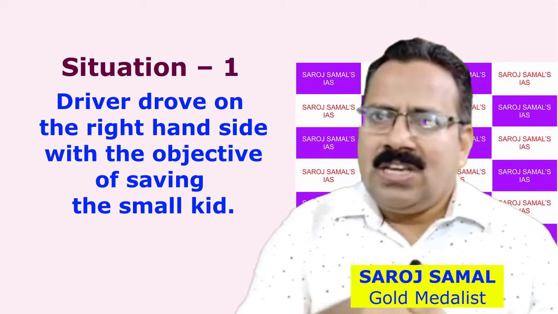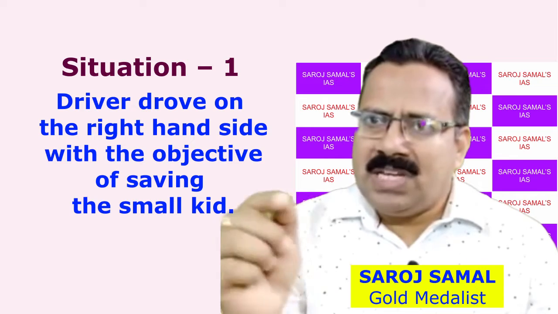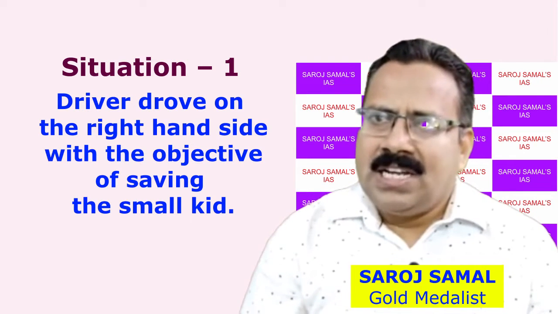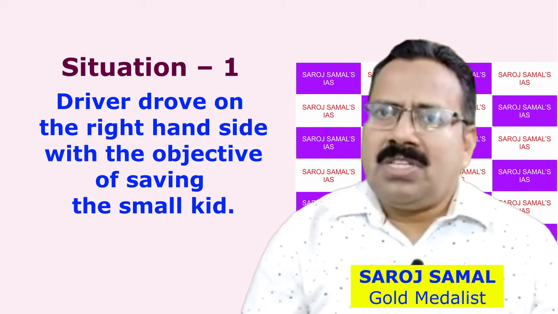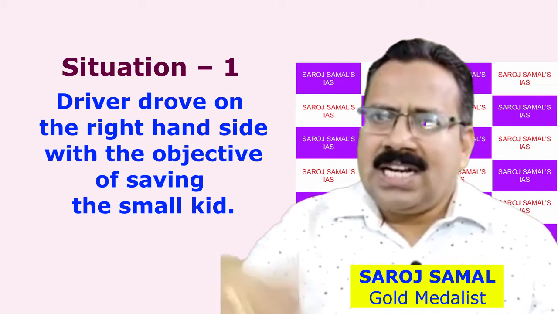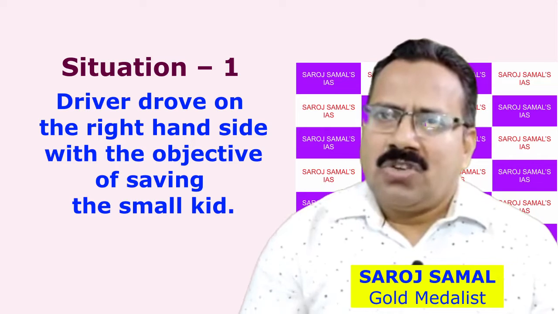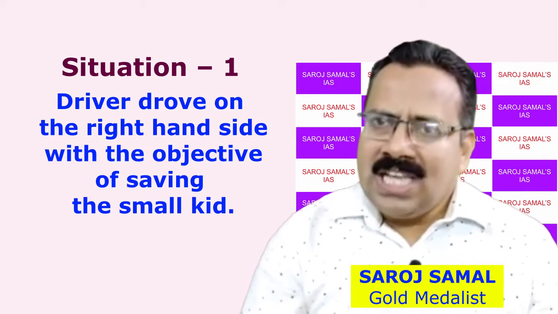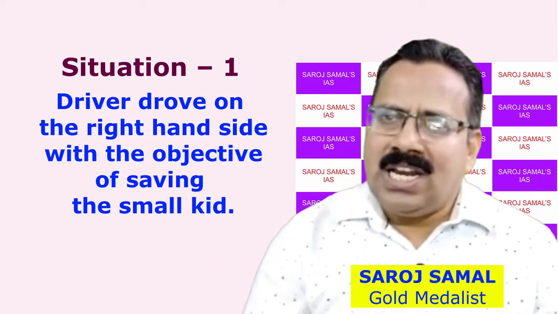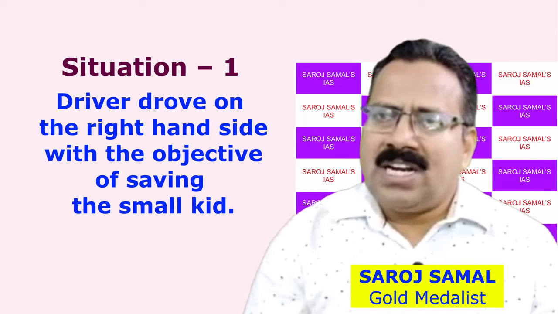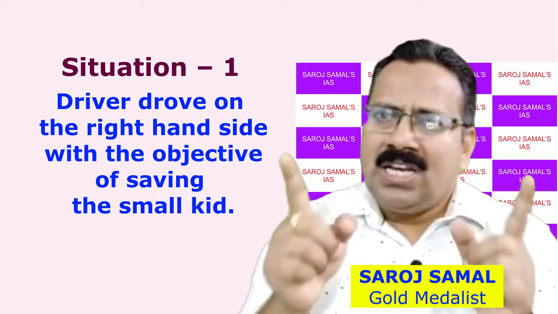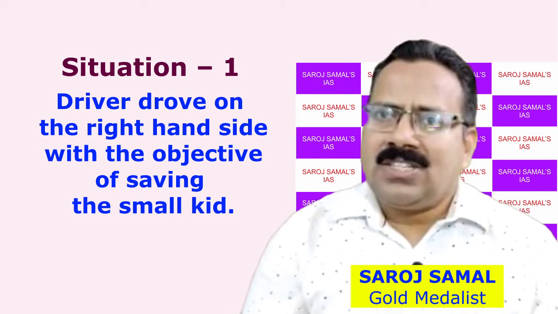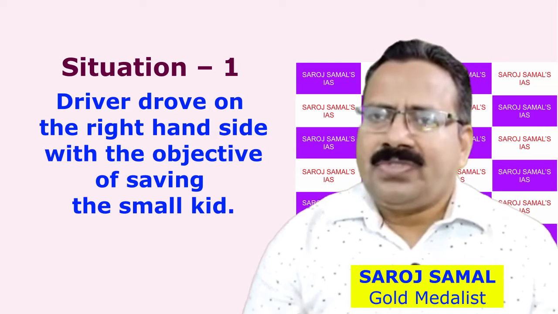So here also role conflict took place, because being a driver, he was expected to drive on the left hand side. But just to save the kid, he started driving on the right hand side. So driving is a single role, and here disharmony took place related to a single role, that is role expectation and role behavior. This is role conflict associated with a single role. This is called role strain.